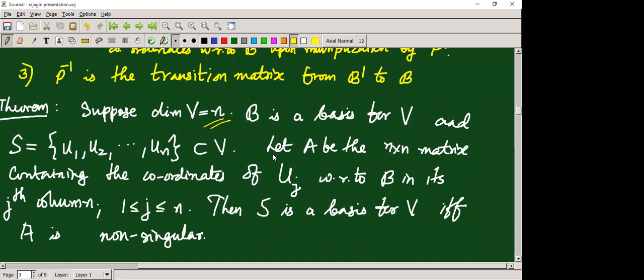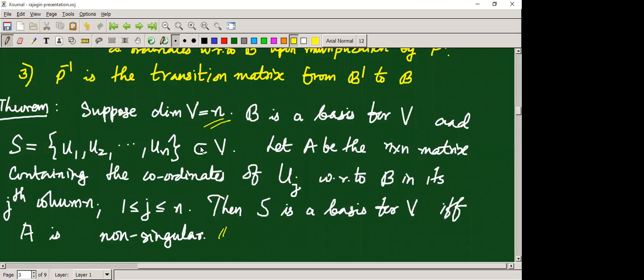Let A be the n by n matrix containing the coordinates of uj with respect to B in its jth column. Then S is a basis for V if and only if A is non-singular. This is actually a theorem, but it can be proved using our previous discussion.